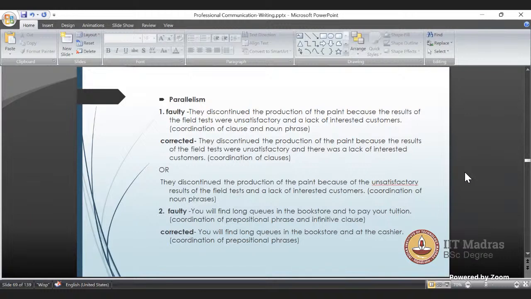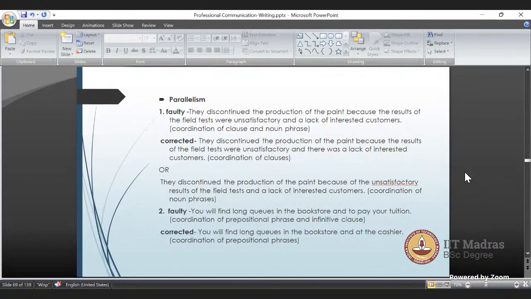So this is an example of coordination between clauses, right? So if you're using one kind of clause, use the same thing for the other also. Don't mix between them. So: they discontinued the production of the paints because the results of the field test were unsatisfactory and a lack of interested customers.